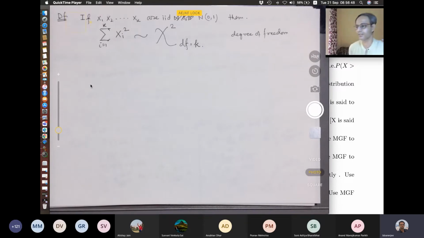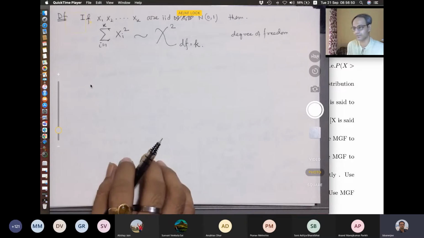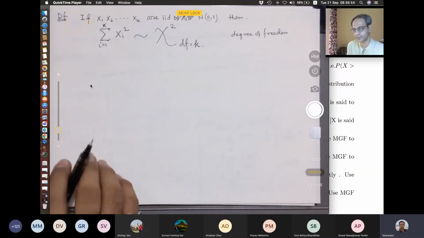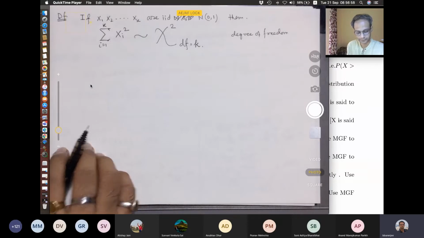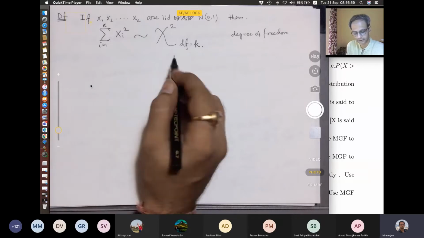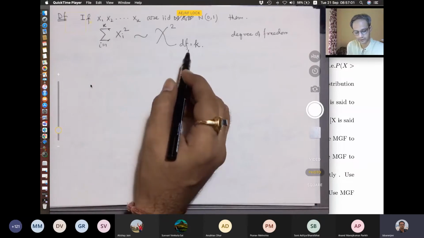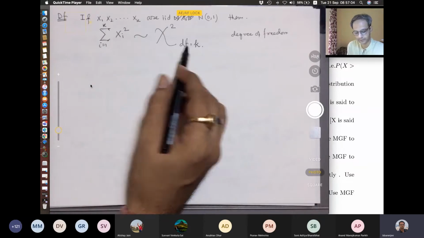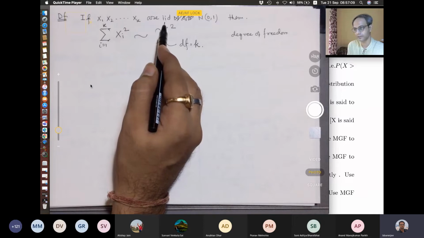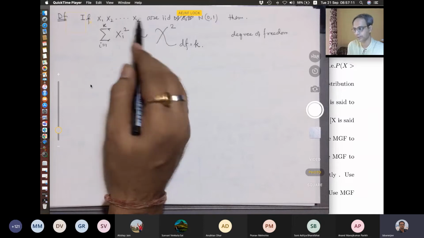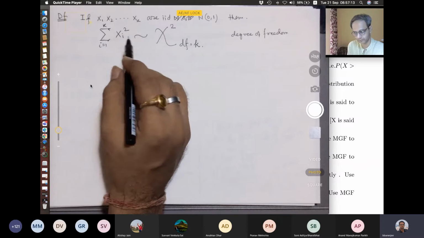There I will even give you a more generalized definition of chi-square distribution and its entire application to regression and ANOVA. But for the time being, here degrees of freedom will be k, because here you have k IID random variables and they all are free. There is no dependency involved among them.